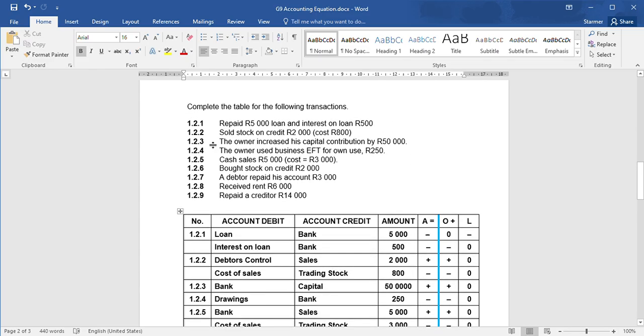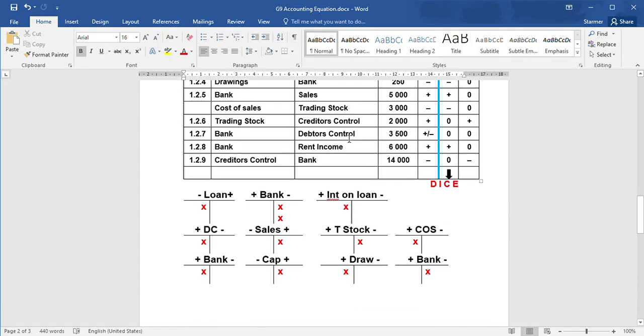Sold stock on credit, 2,000 Rand, cost price 800. Now this transaction is a little bit more difficult because 4 accounts are going to change. 2 with the 2,000 and a different 2 accounts with the 800. So let's start with the 2,000, the selling price. Because you're selling on credit, debtors control is going to be affected in sales, and then your cost of sales and trading stock are used for the cost price.